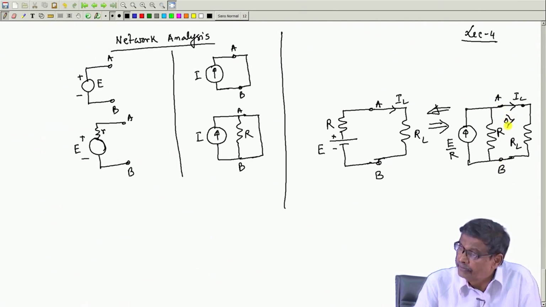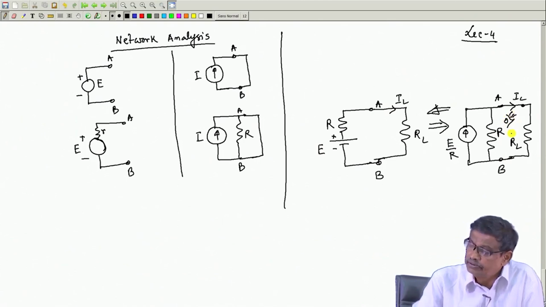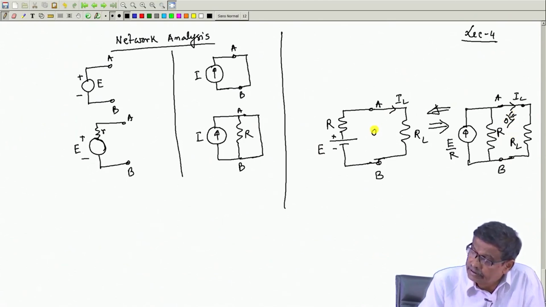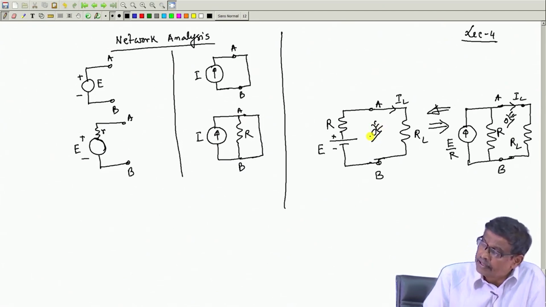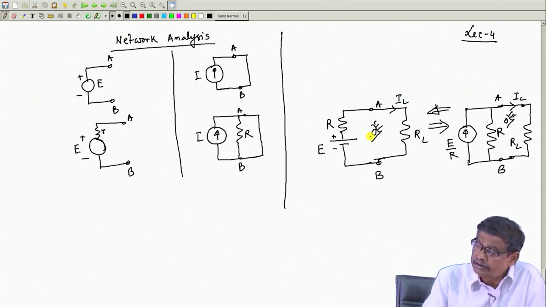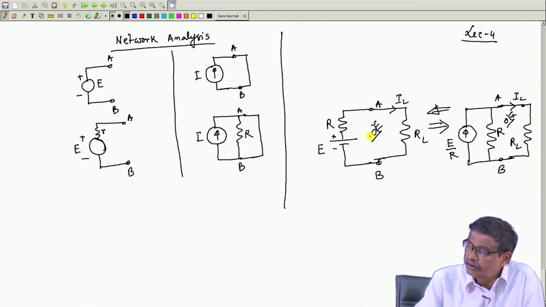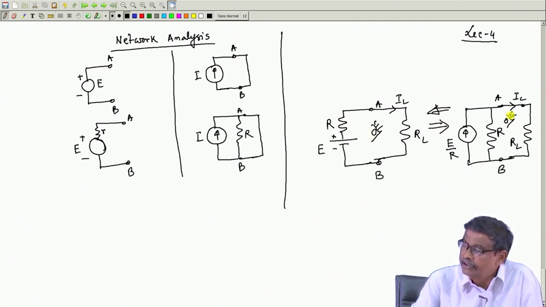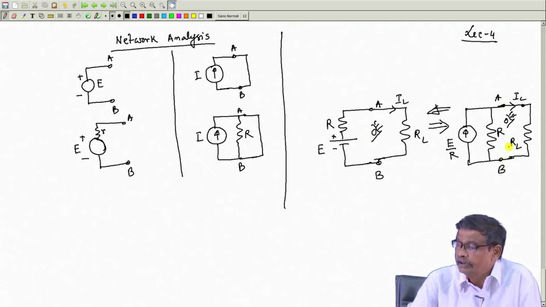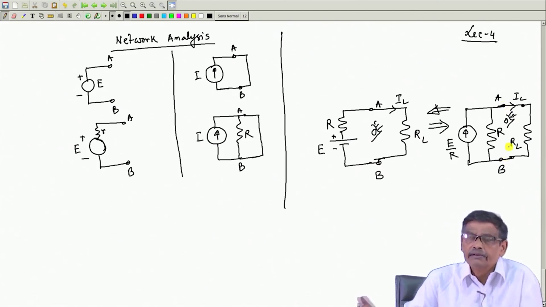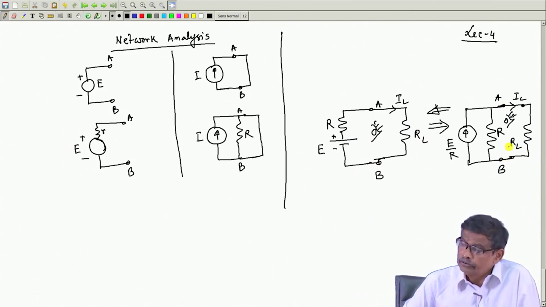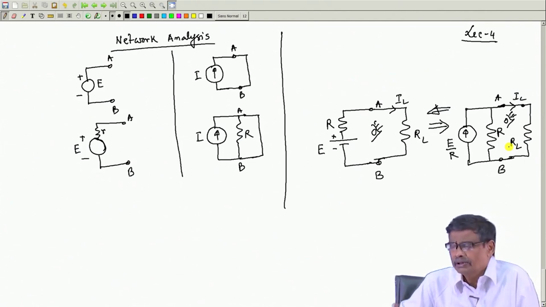If you look from side A B into the circuit through the terminals A B, to the user it does not matter whether you represent the source as a voltage source in series with a resistance or a current source in parallel with a resistance. The external world, that is R_L, can never distinguish between these two. So, you can always convert it if necessary.